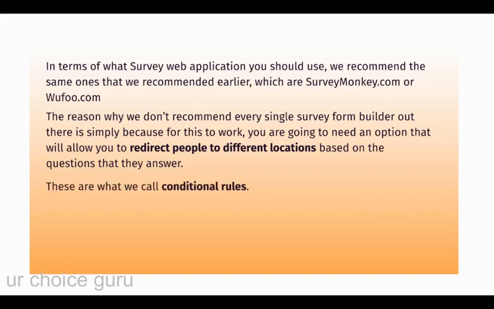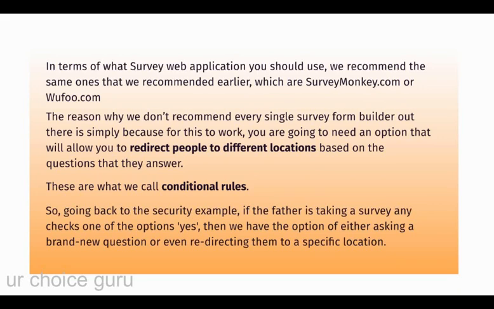Now, what these are called are conditional rules. If a person says, yes, I'm an elderly couple, then send them here. If they say that they are a father of a family, send them here. If, then. So you need the conditional rules, and the form builder needs to be complex enough to offer those as options.